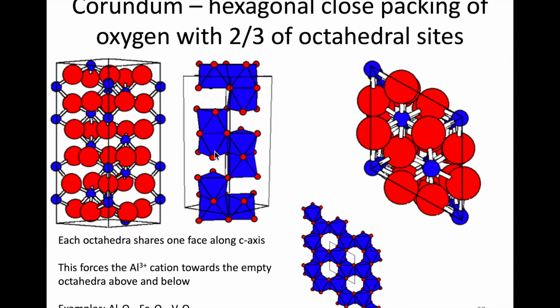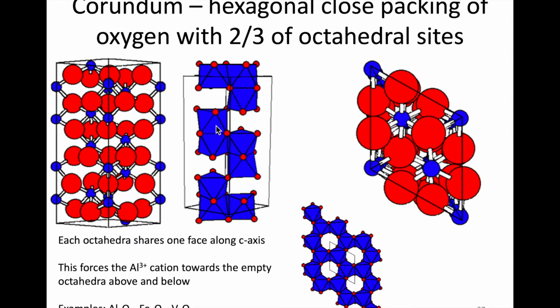So let's look at these 2 octahedrons. Above here and below here, there's empty spaces. There's not a polyhedra. So what that does is that the aluminums in these sites can actually spread out a little bit, right? Because there's nothing on this side and this side. So it distorts itself a little bit in order to keep the cations away from each other.